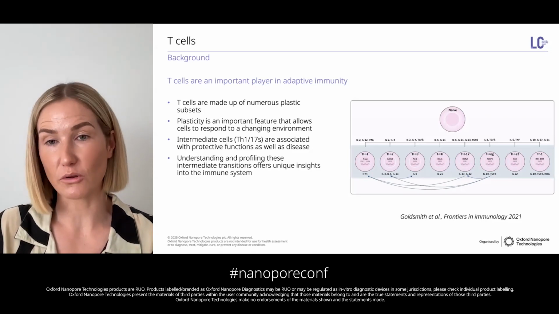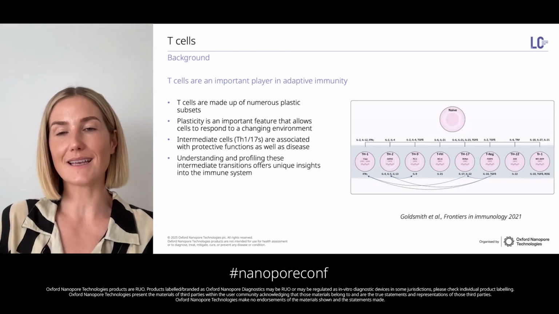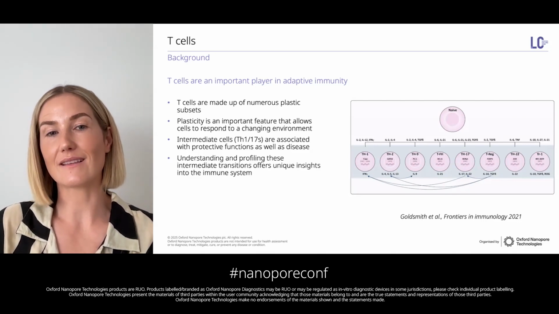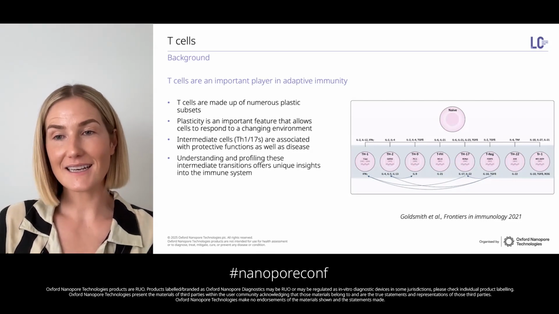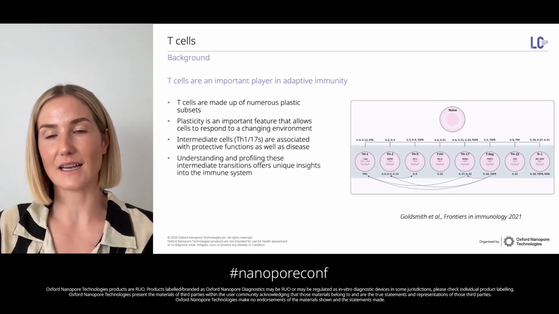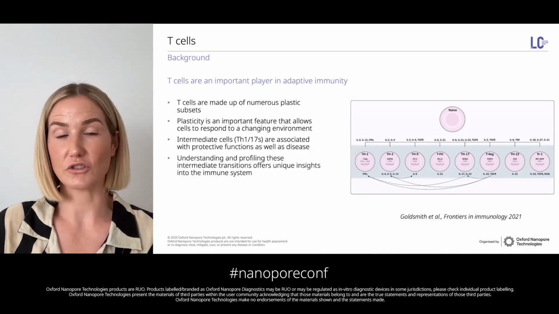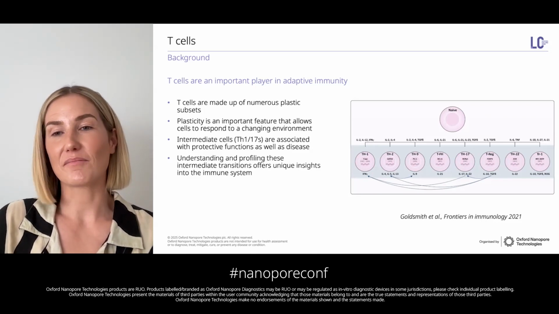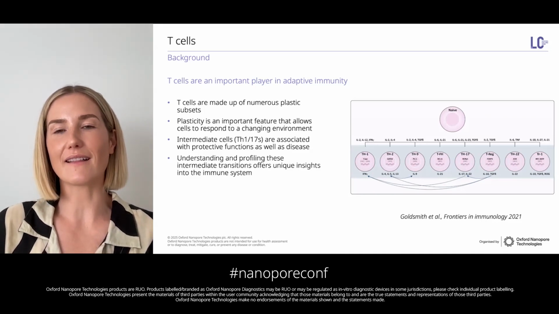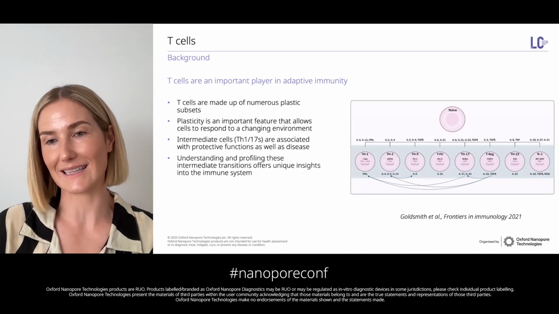For example, in rheumatoid arthritis or inflammatory bowel disease, we see an increase in the incidence of these cells. Understanding why these cells are adopting other phenotypes and characterizing them deeply is really important to offer insights into the immune system and of course disease development.